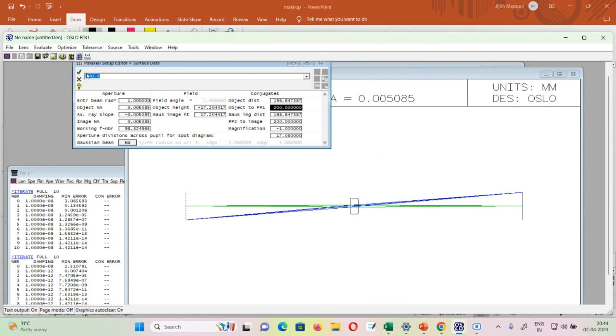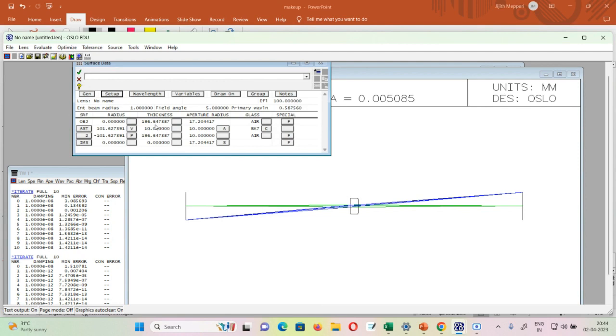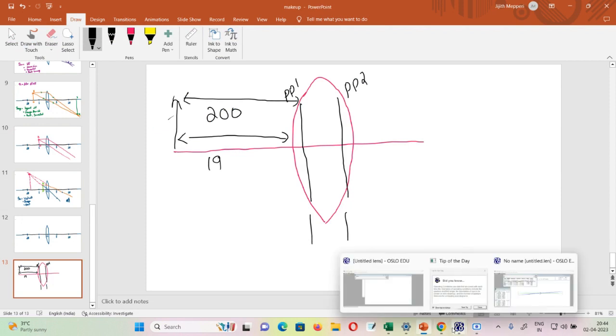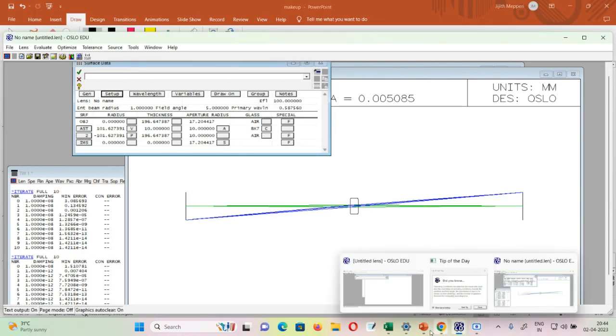So you can see here your object distance is 196.647.